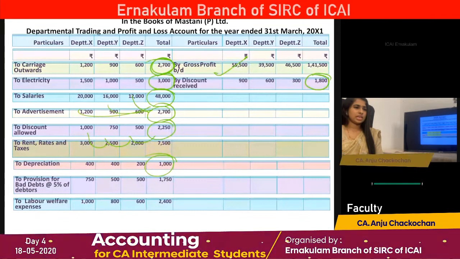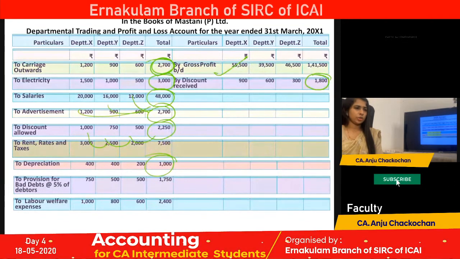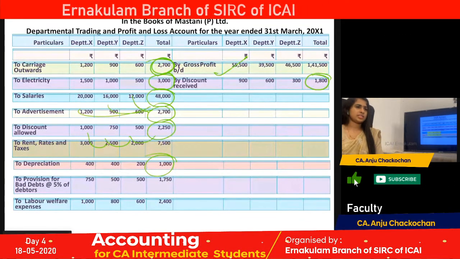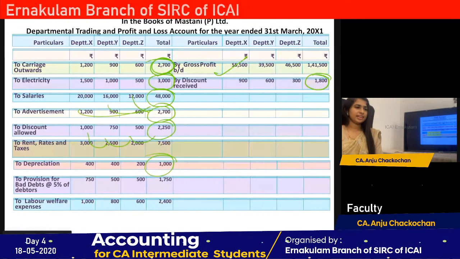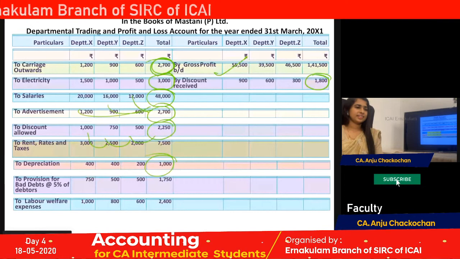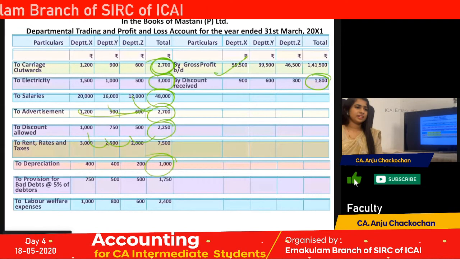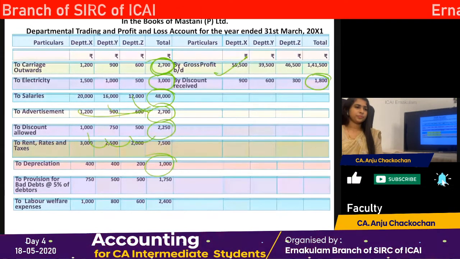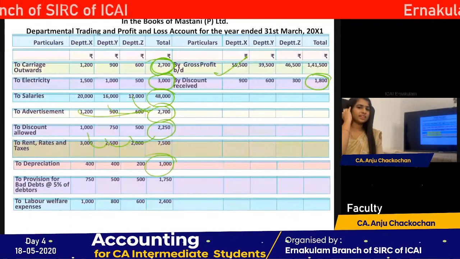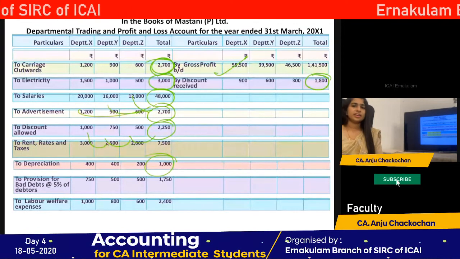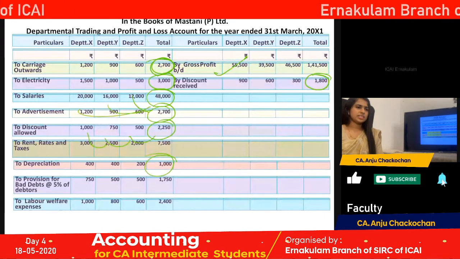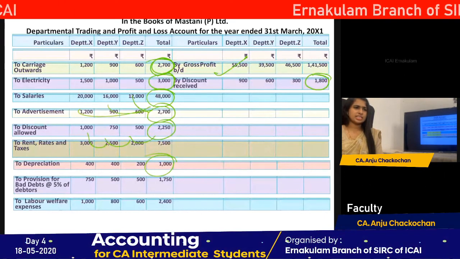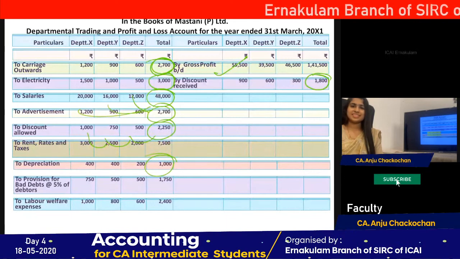All right, Joel has come up with the answer. Devika, Anandu. Okay, and I'm waiting for others. All right, I guess almost everybody has given me the answers.